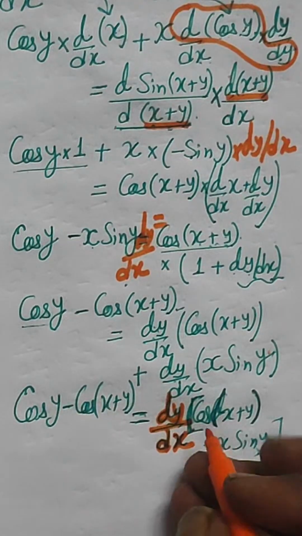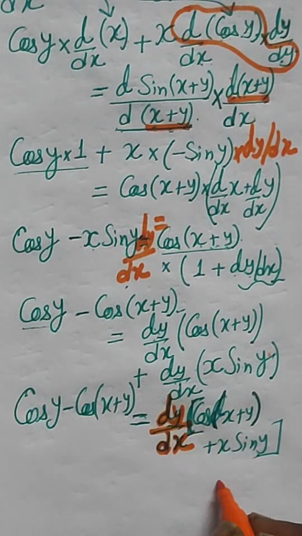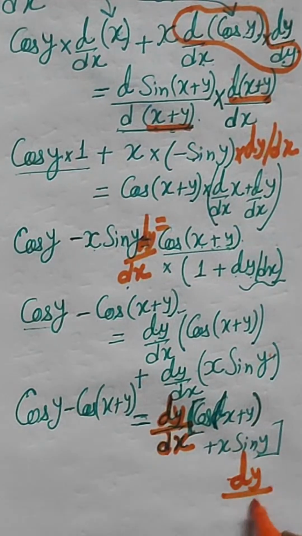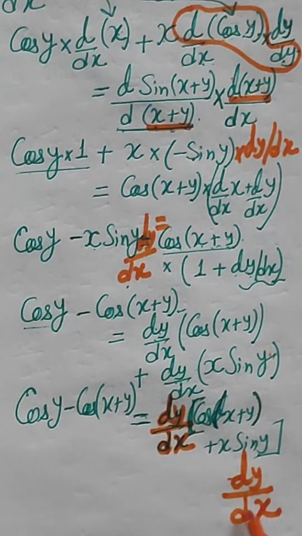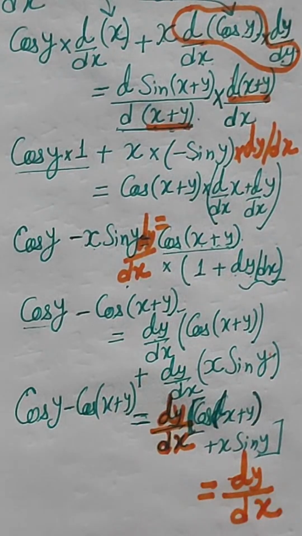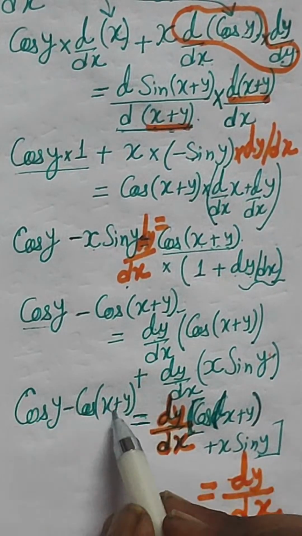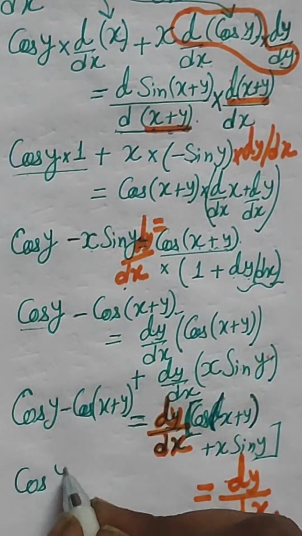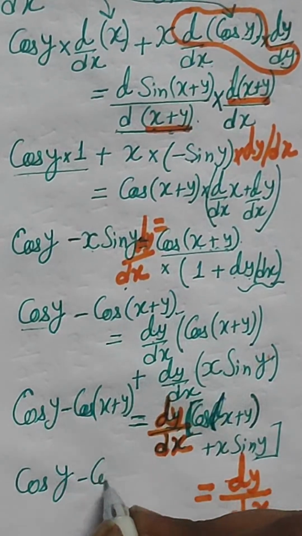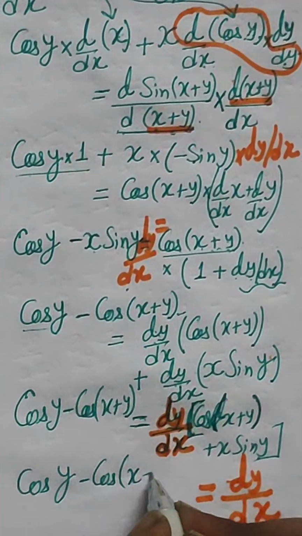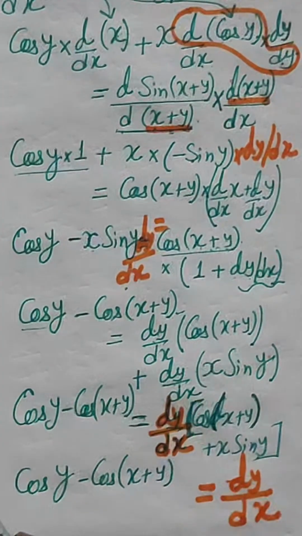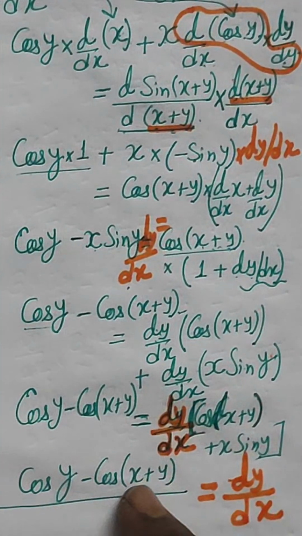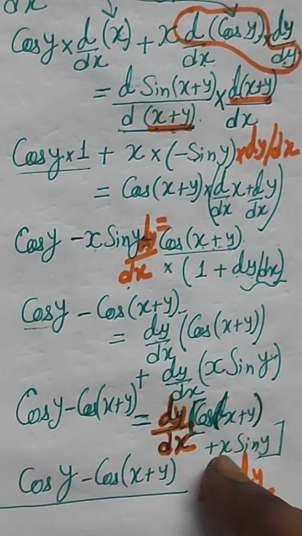So here we can see if dy by dx is kept into the RHS, then into the LHS we have cos y minus cos (x plus y). Simply write it, cos y minus cos (x plus y) divided by, the fraction will be there, and here cos (x plus y) plus x sin y.